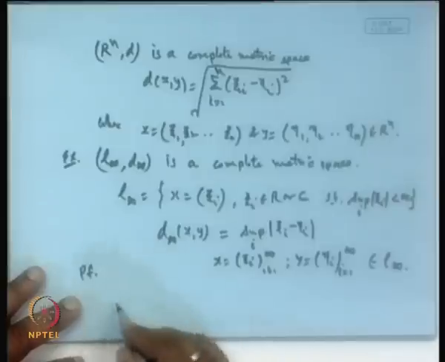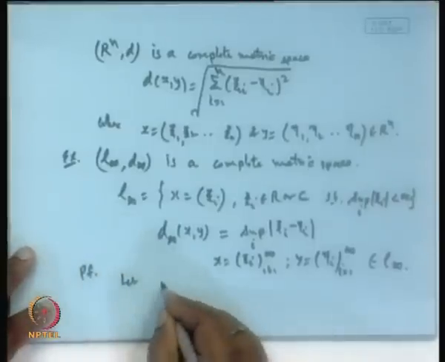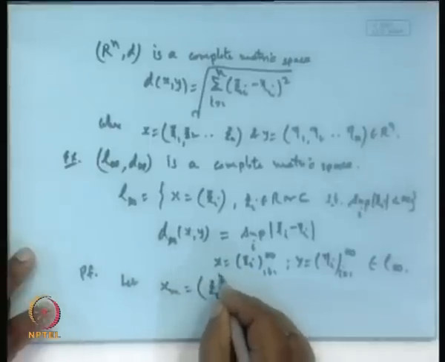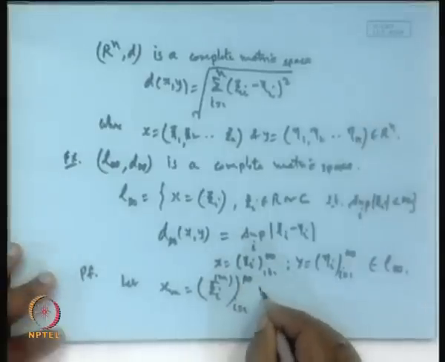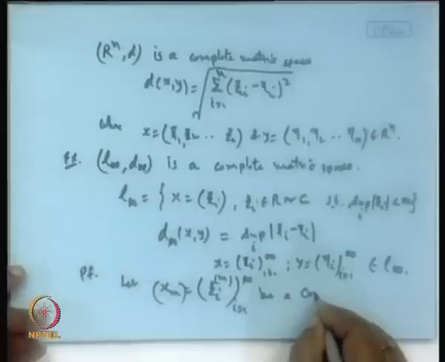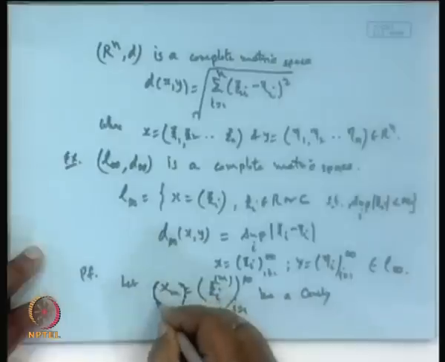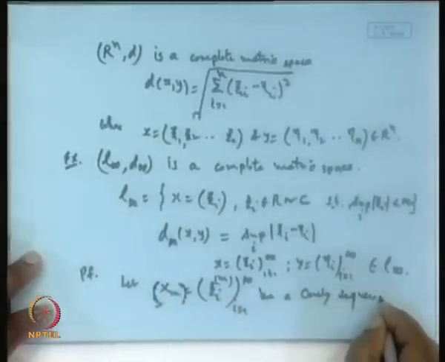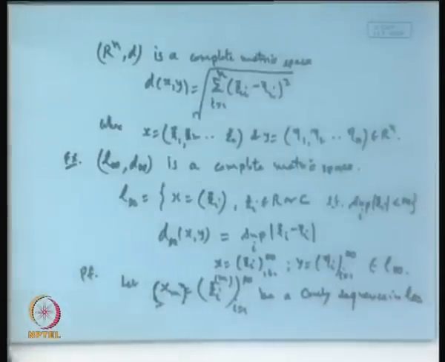Let us consider an arbitrary sequence x m, which is xi i m, i is 1 to infinity, be a Cauchy sequence in L infinity.